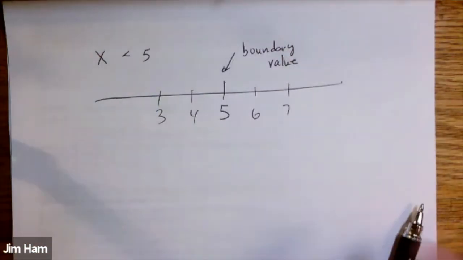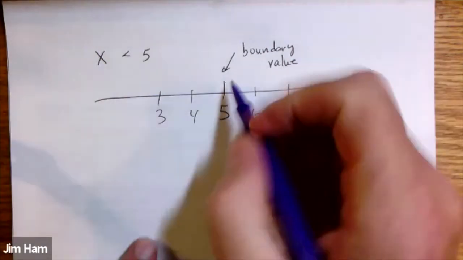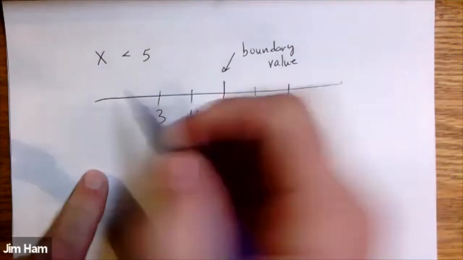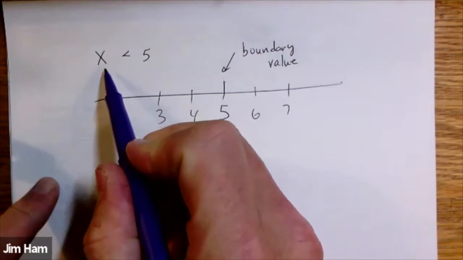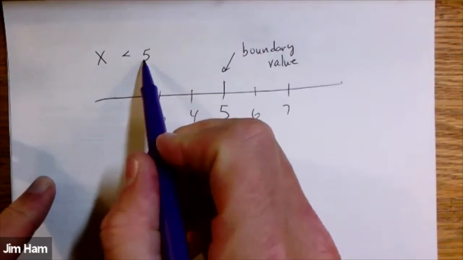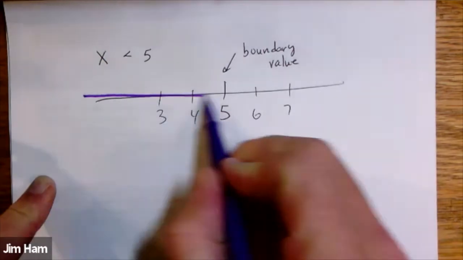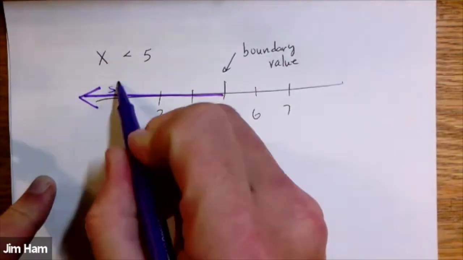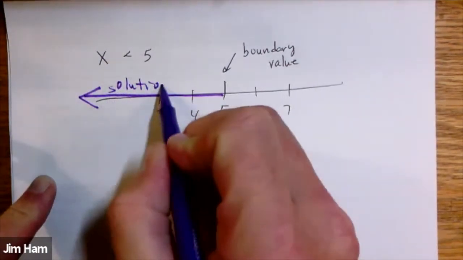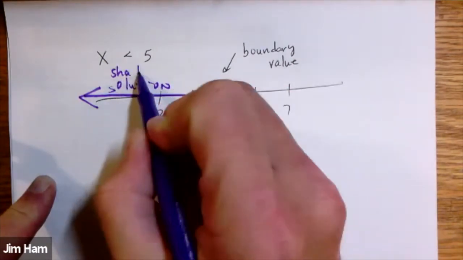And then we would put some kind of marking on 5, and we would always graph the solutions. So this says x is the set of all numbers that are less than 5. So we're talking about all these numbers over here. These are the solutions. And we always shade the solutions.